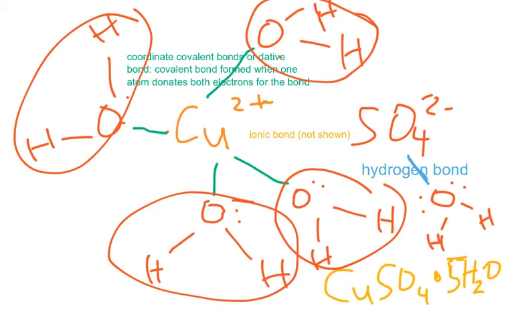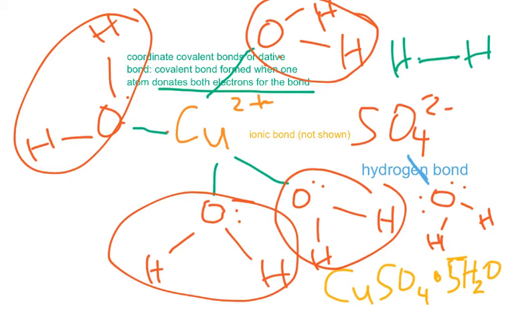This green line is called a coordinate covalent bond, or a dative bond, which is when one atom gives both electrons for the bond. So we study single bonds, and we know that single bonds are usually formed when each atom donates 1 electron each. For example, if 2 H's each have 1 electron, they both will donate 1 electron each to form this bond.